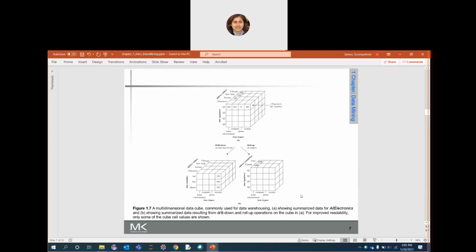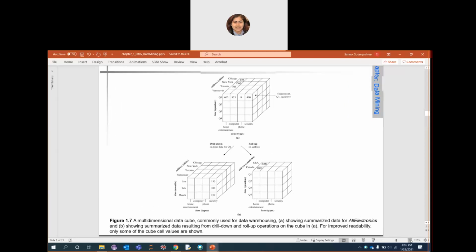We just saw in one of the slides the mention of data warehouse. So this is a typical data warehouse system. You can enlarge the picture in your slide as well. This data structure is also called a data cube, a multi-dimensional data cube, or a data warehouse system.